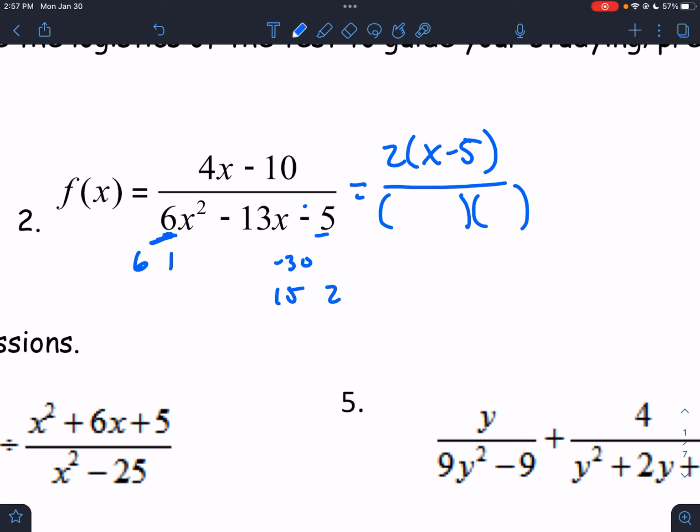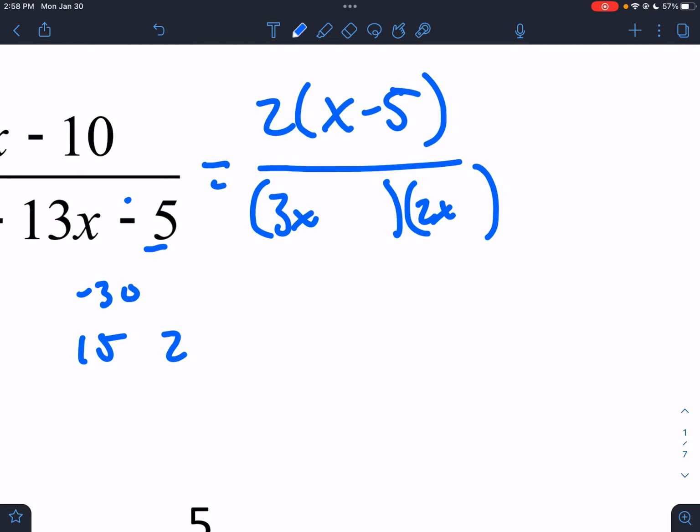No. 3 and 2, does that work? Yes. 3 times 5 and 2 times 1. So it's going to be 3x and 2x. I need to get -15, so I'm going to put a -5 over here, right? That's 3 times -5, that's -15, and +2.